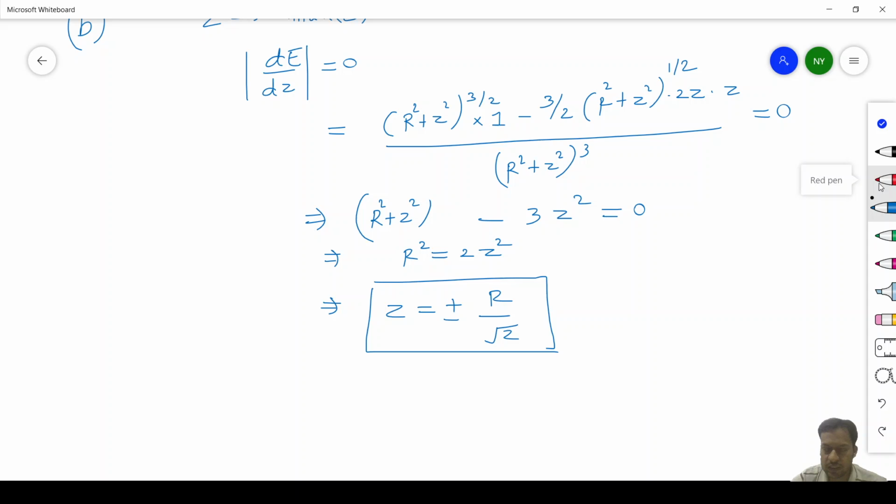In the given question we have: if the total charge on the ring is q, then find E as the radius r tends to 0. So we have to evaluate this C part.